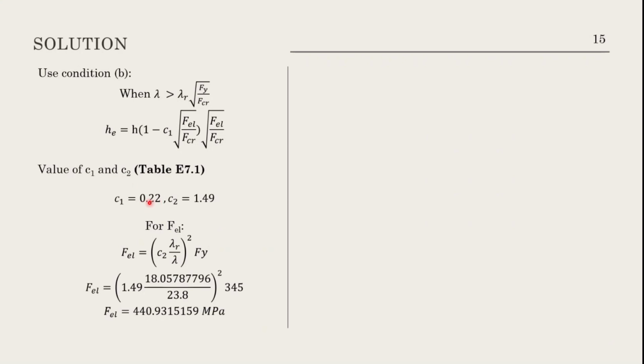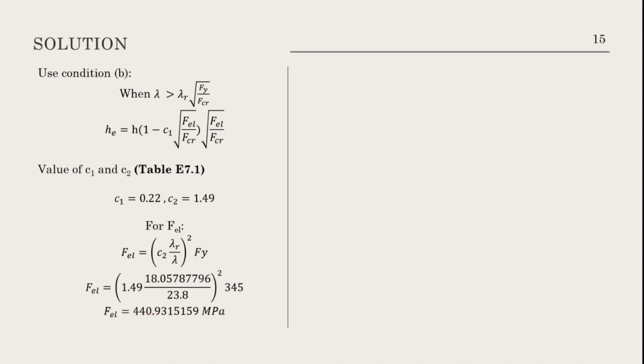So therefore, C1 is 0.22 and C2 is 1.49. With 1.49, we can use that to compute FEL. We have the same formula for FEL. So lambda sub r is the limiting width to thickness ratio for the stem of T's, and lambda is the width to thickness ratio of the stem of T's.